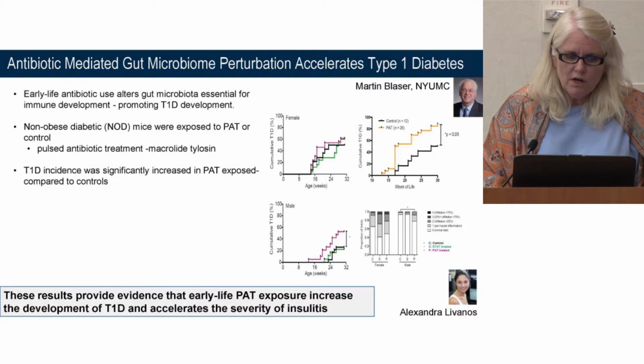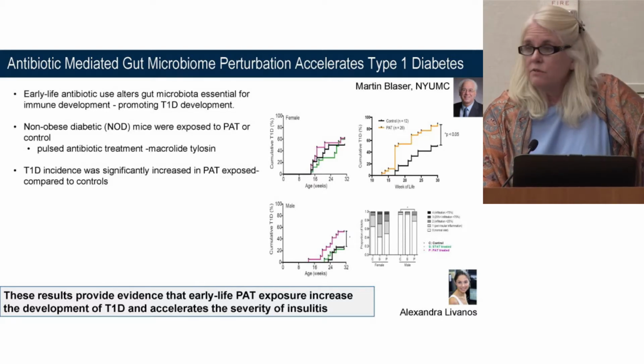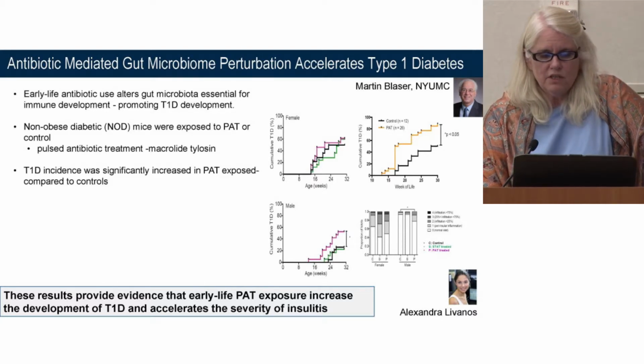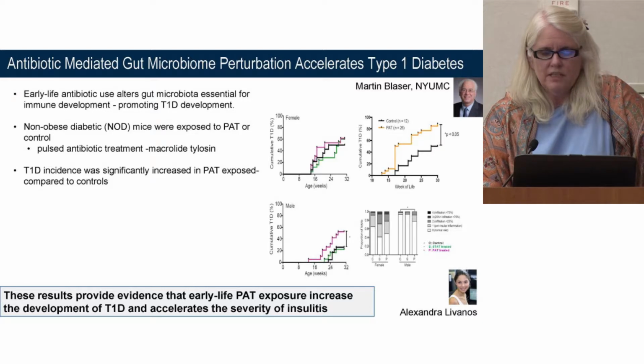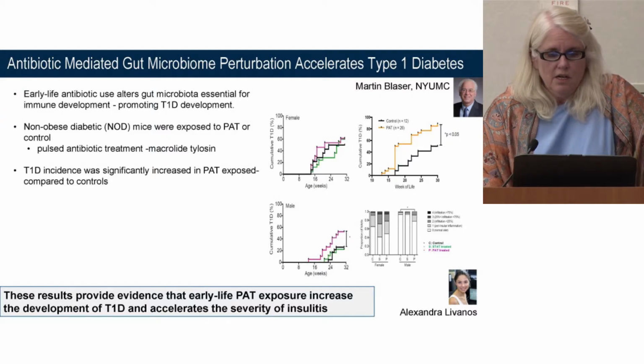We've done some work on looking at antibiotic-mediated effects on the gut microbiome because we know antibiotics are getting into the food. This was done in collaboration with Martin Blaser at New York University Medical Center. This was a study conducted in mice using a non-obese diabetic mouse exposed to the antibiotic or exposed to vehicle. So that's the comparison.